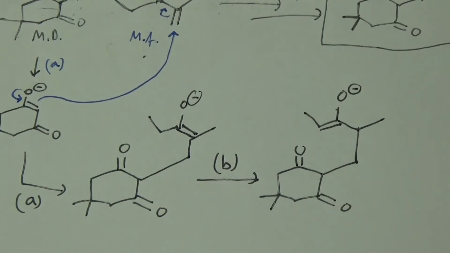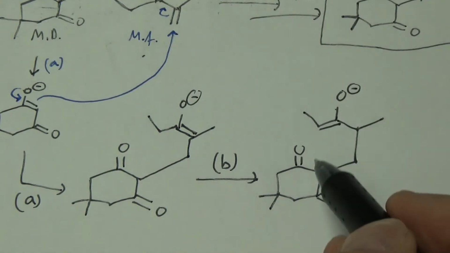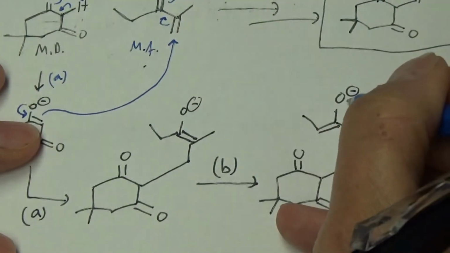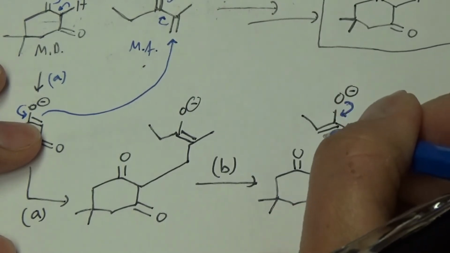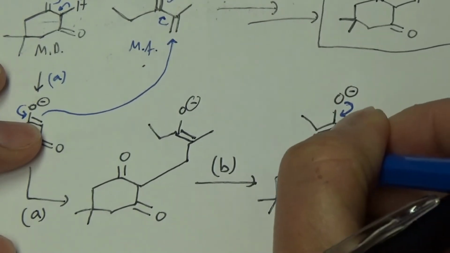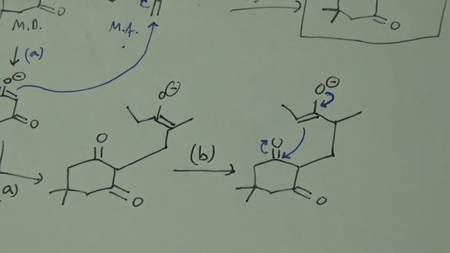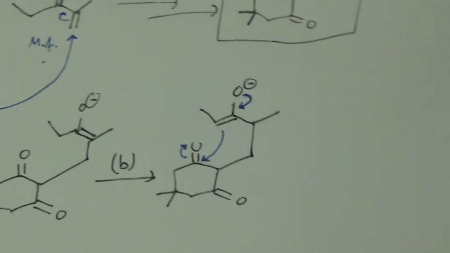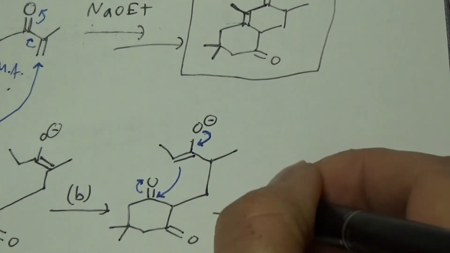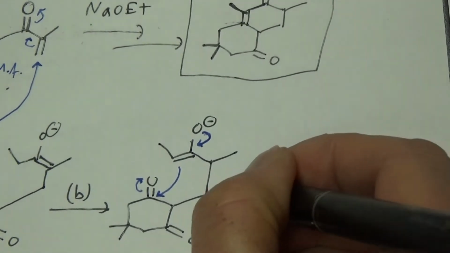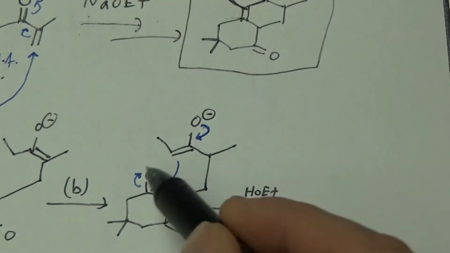Now step C was the intramolecular aldol, so now this just swings down and attacks that ketone. That is step C, the intramolecular aldol. Okay, now I'm going to assume also maybe a little ethanol or something protonates the O-.